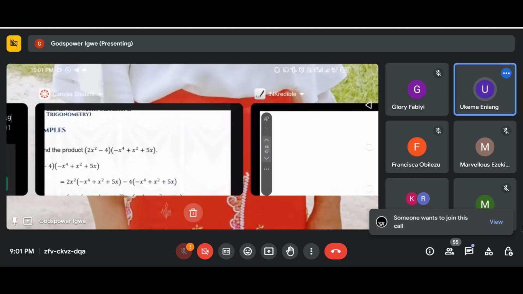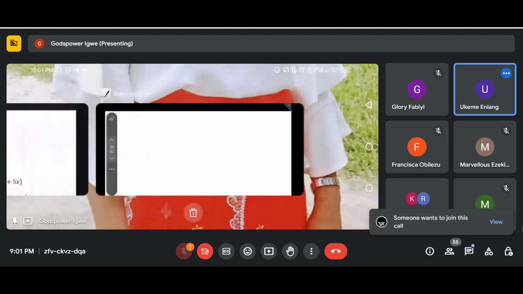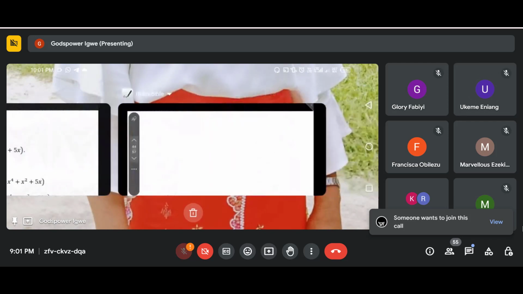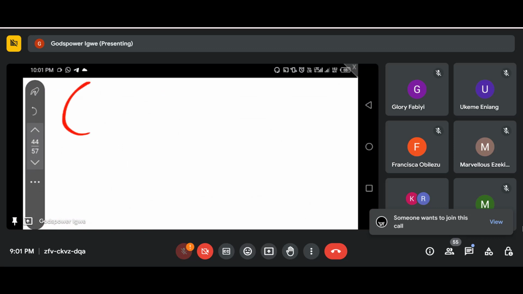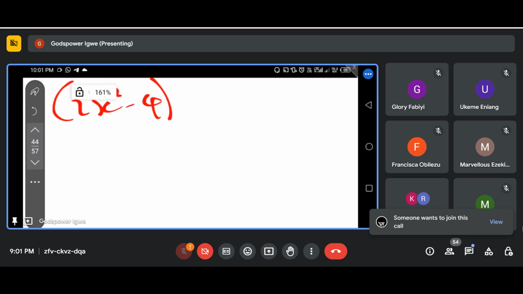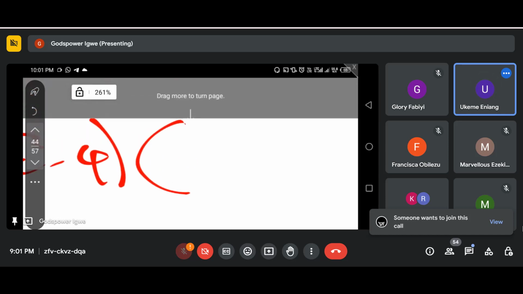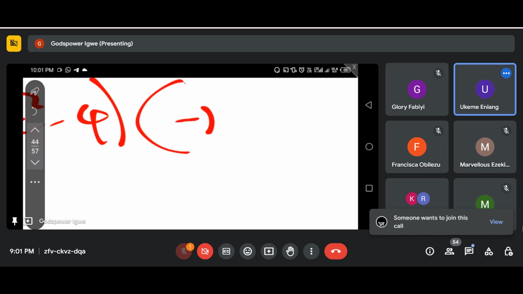Bracket 2x squared minus 4, bracket minus x raised to power 4 plus x squared plus 5x.